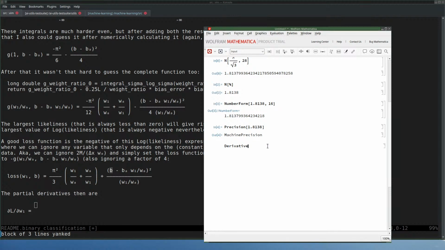I guess we just guess and then try it out. What about, I want to know the derivative of x squared. No. Instead of an answer, it just repeats what you said. So this is not what I wanted.